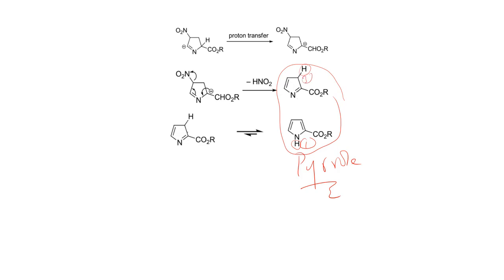Due to this reason, it is tautomerized to this position. If you look at these arrows, it is much more towards the right one, and less in the left side. So due to the stability of pyrrole or aromaticity of pyrrole, much more product will be in this form.